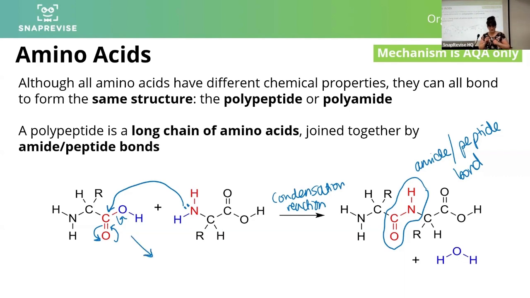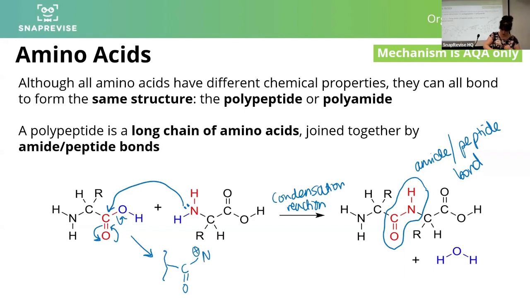So what would this look like? This is going to get nicely complicated. What I might do is just show the main bit of the molecule, the bit that we're interested in. So we've got our carbon, and that nitrogen is attached there.